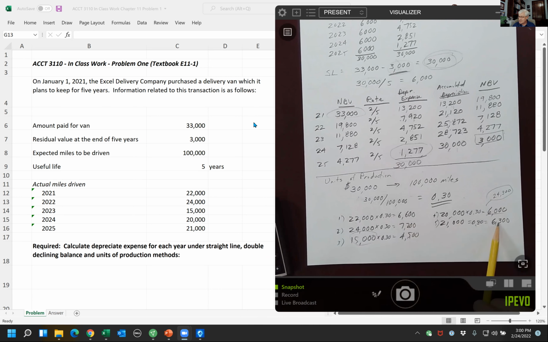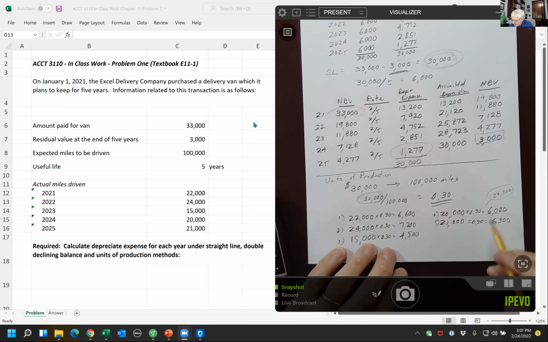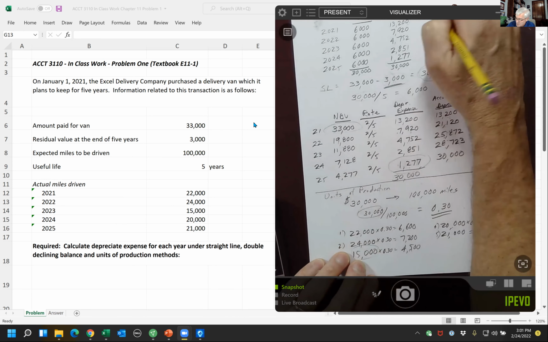If I add 6,300 to that, I can see right off the bat, wow, that's going to be too much depreciation because I cannot do more than 30,000. Therefore, I'm going to take 30,000 minus the 24,300. And so that last year is going to be 5,700. Let's just put these up here.